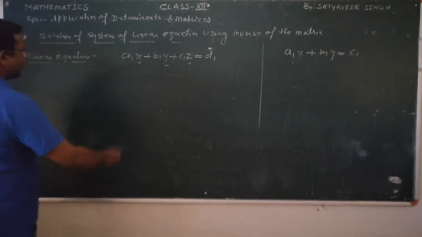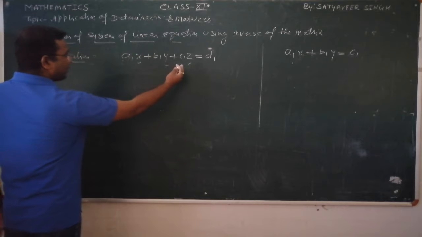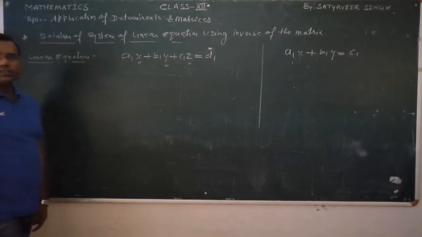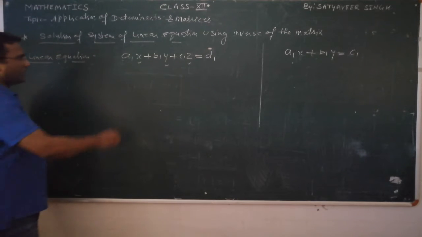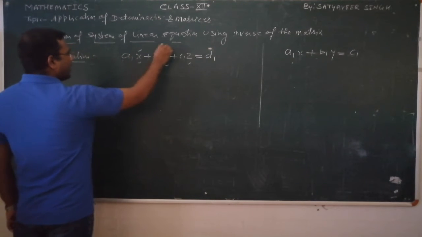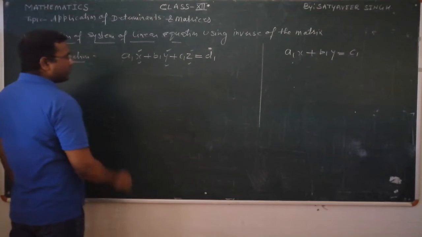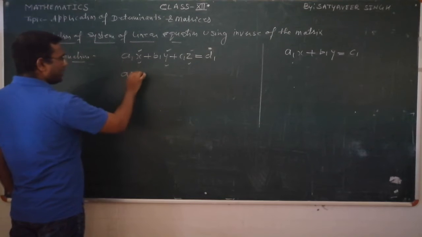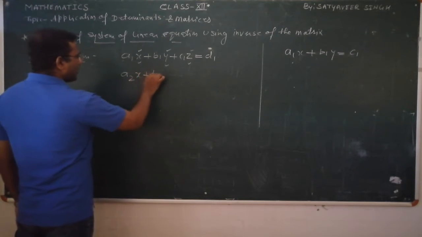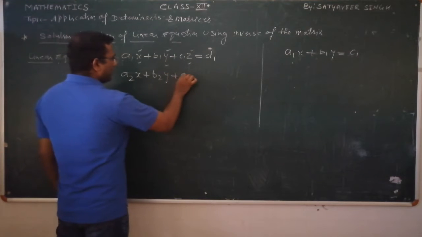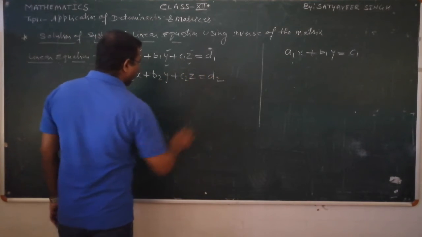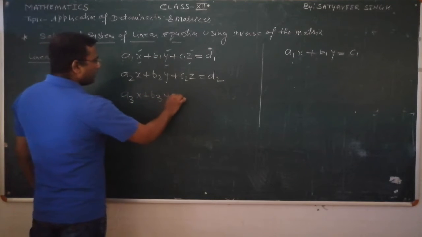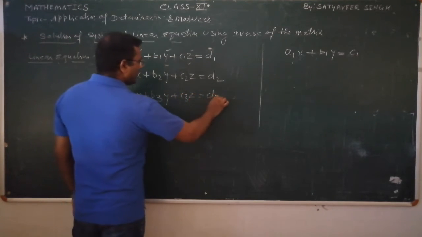If there is only one equation with 3 variables, we cannot solve it. This is the law of algebra. If we are using 3 variables, then there must be 3 equations. So another equation I take is a2x plus b2y plus c2z is equal to d2, and a3x plus b3y plus c3z is equal to d3.